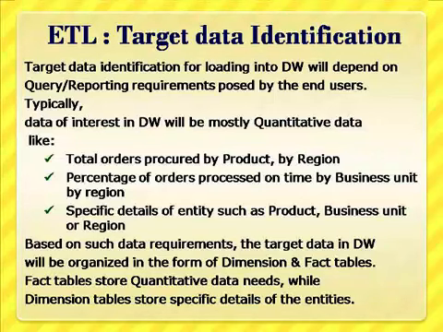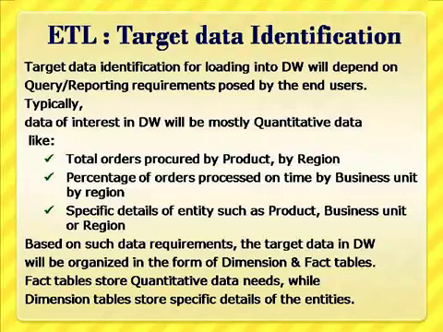Typically, data of interest in a data warehouse will be mostly quantitative data, for example, total orders procured by product and by region, or the percentage of orders processed on time by a business unit by region, or specific details of an entity such as a product or a business unit or region.